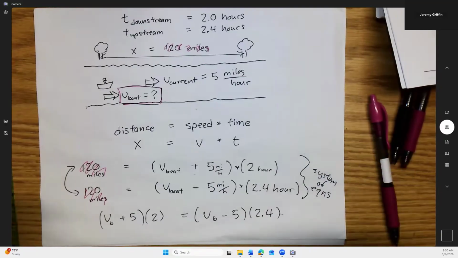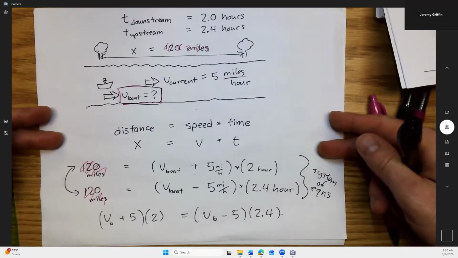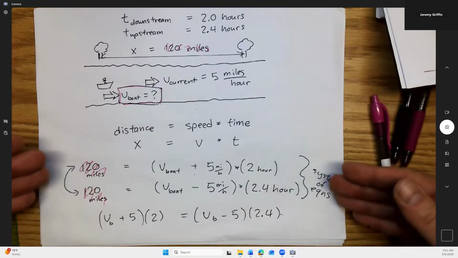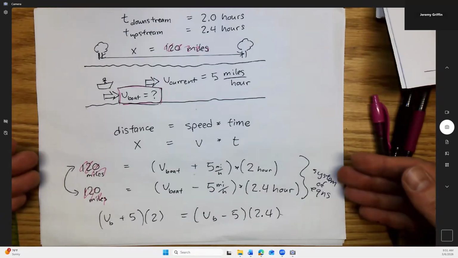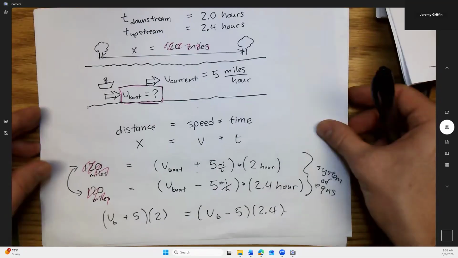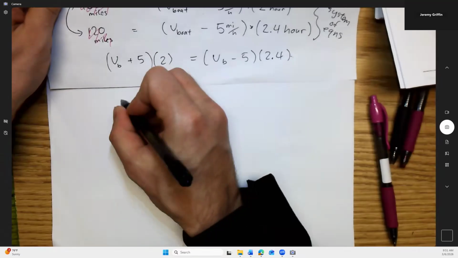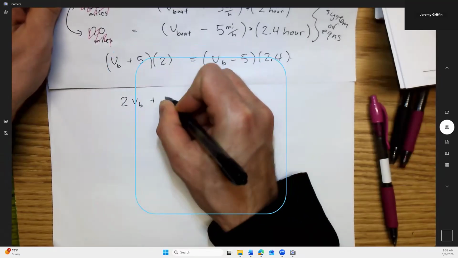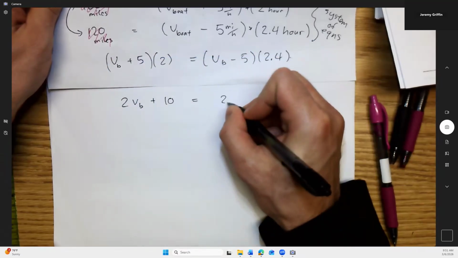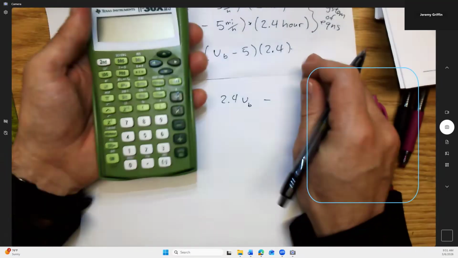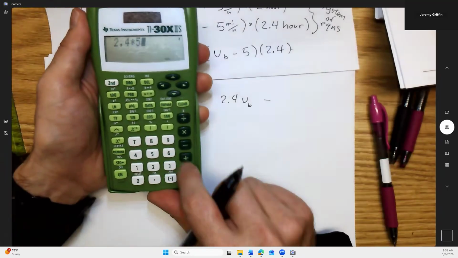And again, I think this comes from the last lesson, 9.6, where you had to take a story and figure out how to turn this into the model with equations, come up with the system. Once you can do that, then you can finish the algebra. So I'm going to distribute here: 2 times speed of boat plus 10 equals 2.4 speed of the boat minus 2.4 times 5, which is 12.